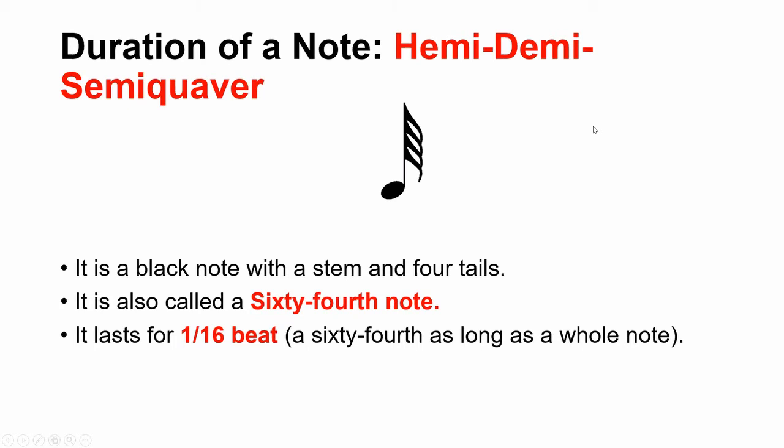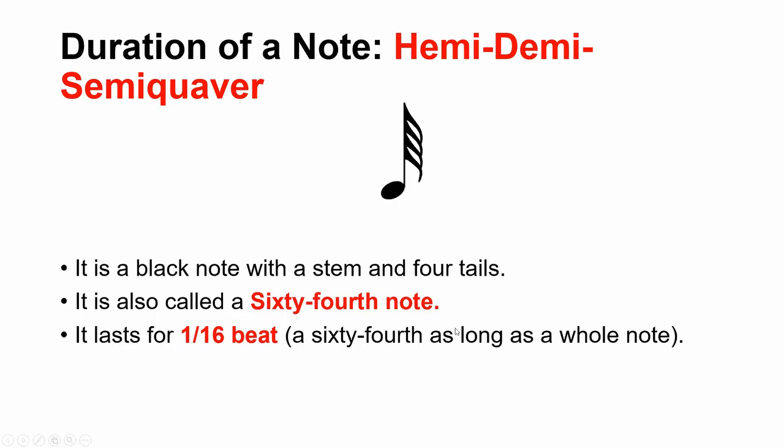And then lastly, the hemi-demi-semi-quaver is a black note with a stem and 4 tails, 4 flags. It's called a 64th note because it lasts a 64th as long as a whole note.